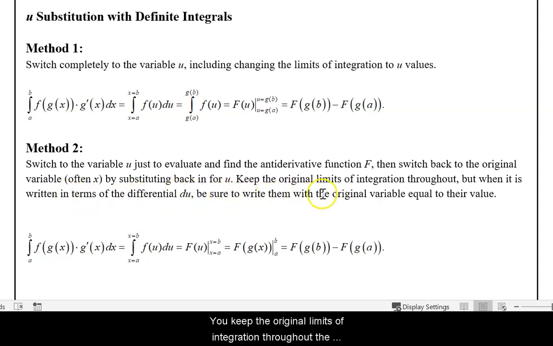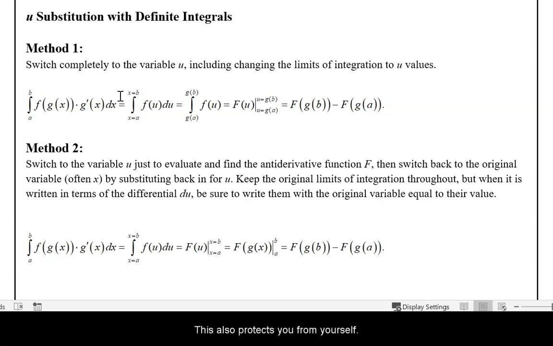You keep the original limits of integration throughout the entire problem, but you need to remember that when the differential in the integral changes to du, you can't just write a and b anymore. If a and b are x values, but the differential switches to du, you are required to write x equals a, x equals b, so that the person looking at it clearly knows that a and b are not u values, but are instead x values.